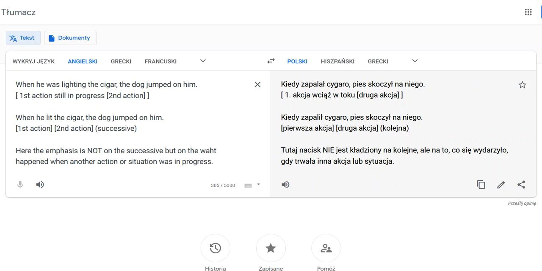So that's the meaning of the concept successive, okay?